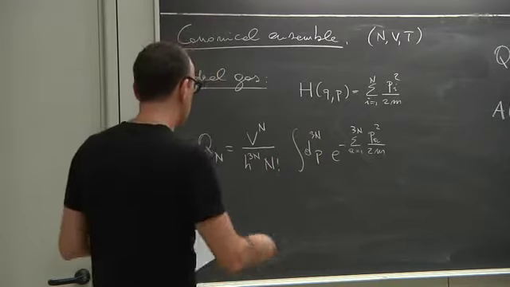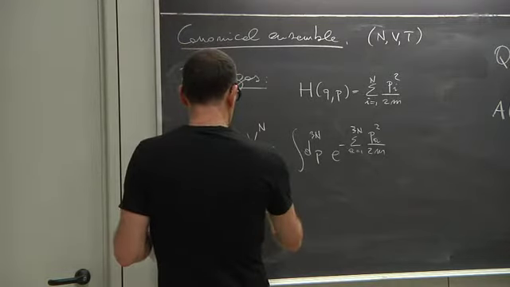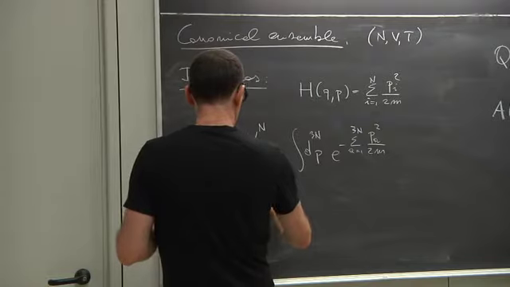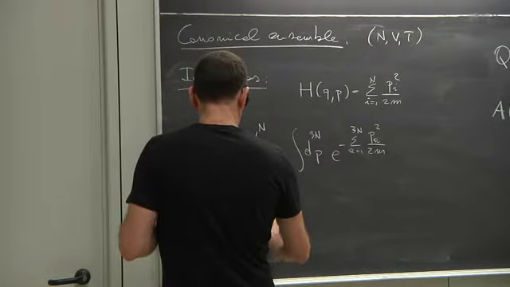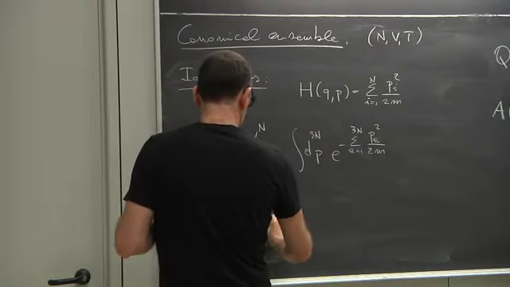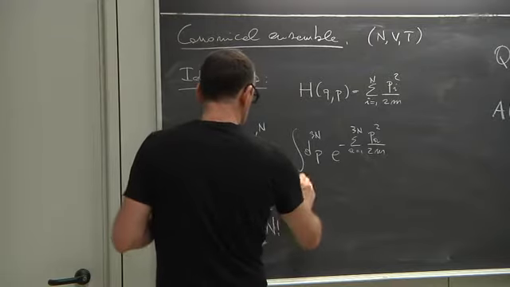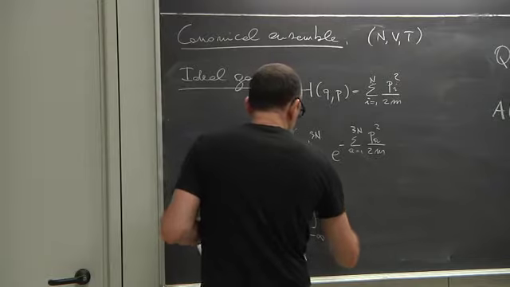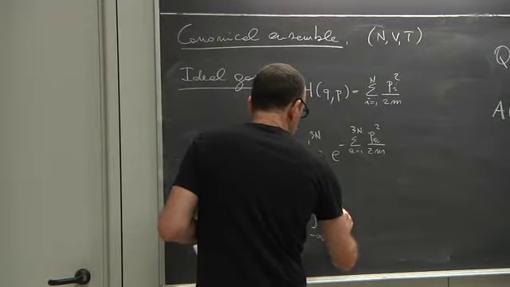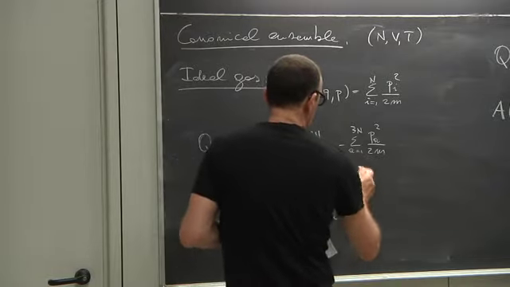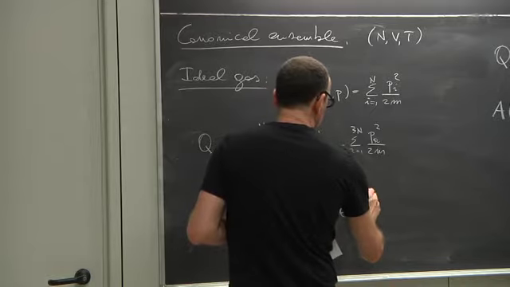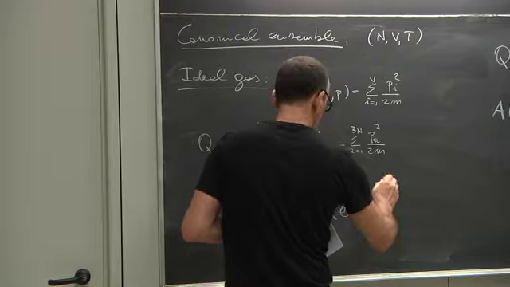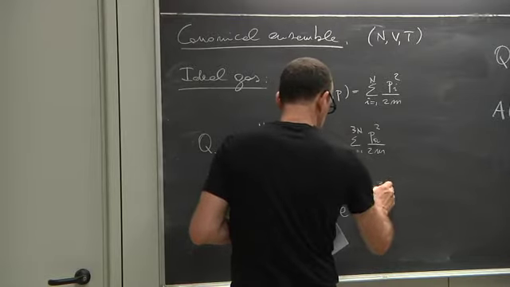So this is V to the N, over h to the 3N, N factorial. And then I have one integral which goes from minus infinity to infinity over one coordinate, dp_a, of e to the minus p_a squared over 2m. And this is to the power 3N.